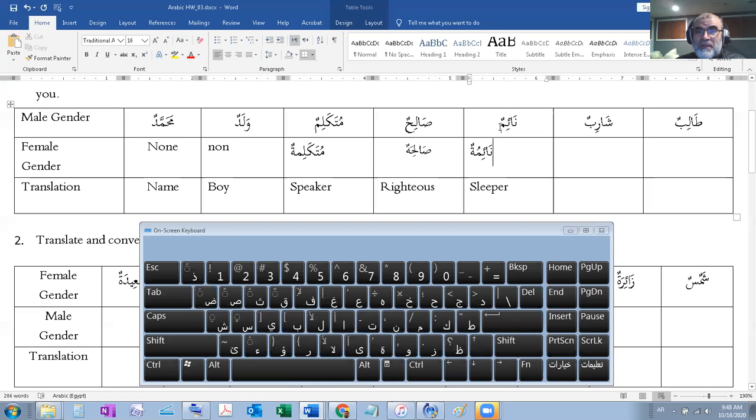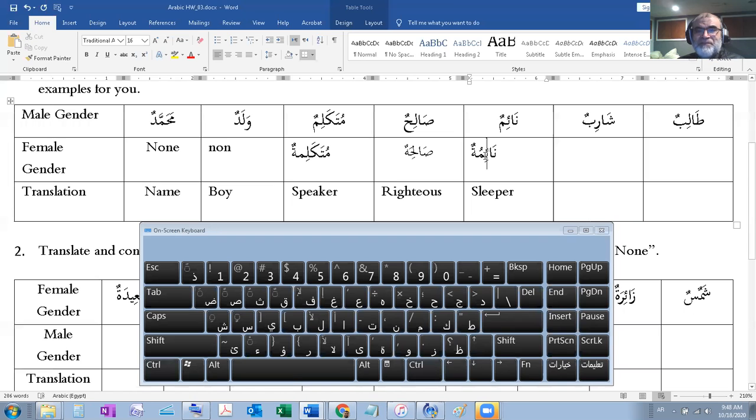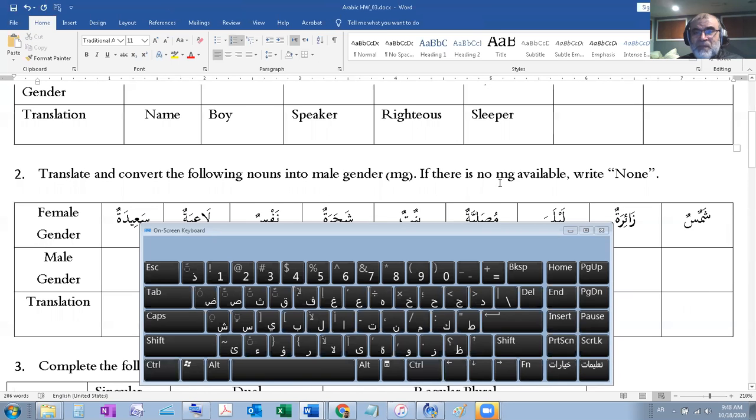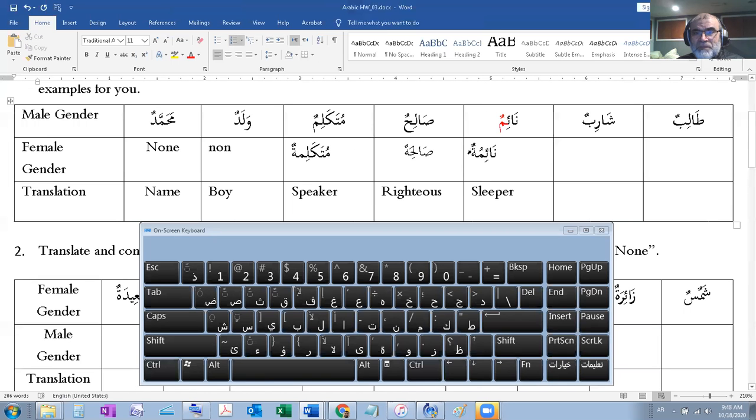So because now I'm adding تاء مربوطة, therefore I convert the تنوين ضمة into just a single ضمة. You see? Instead of تنوين ضمة, it's a single ضمة. See here? Here is تنوين ضمة. So I convert this تنوين ضمة here into just ضمة.